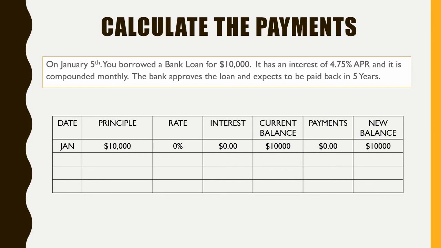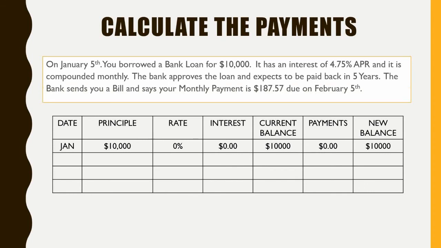But when we make our payments, your statement should come in the mail and tell you exactly how much is due. Usually you'll have what's called a minimum payment, or you'll just have an amount. In this case, my monthly payment is going to be $187.57. This amount includes your amount of interest.